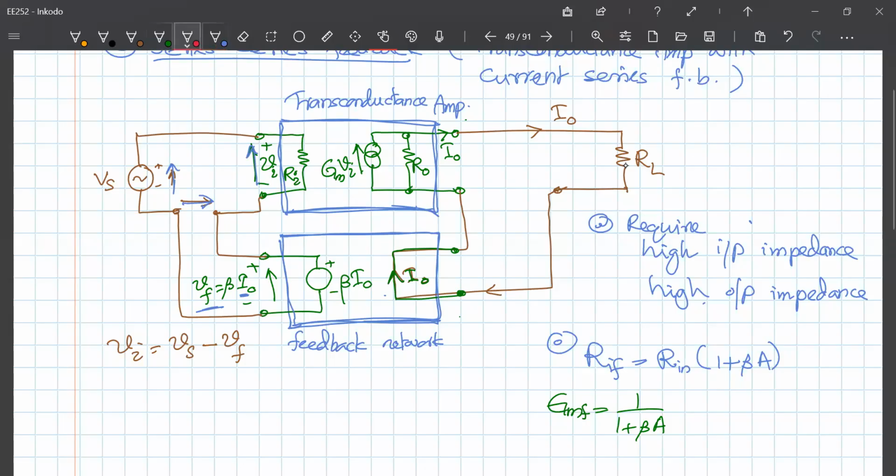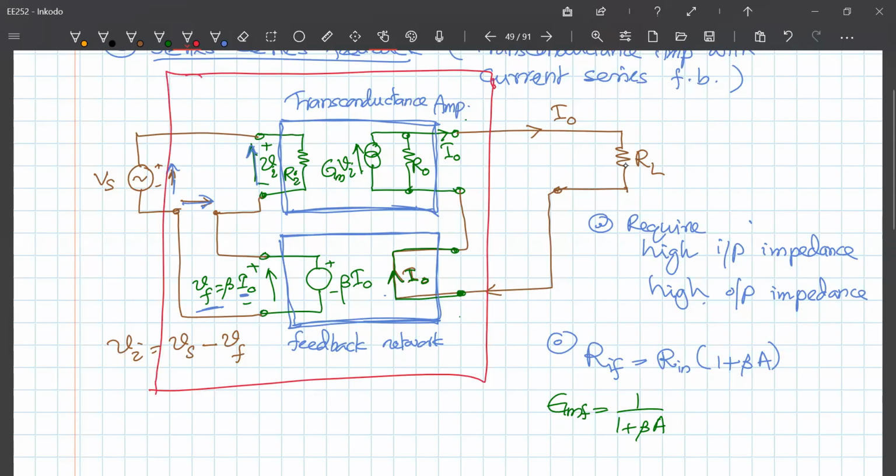So this whole thing becomes my transconductance amplifier with feedback. My new circuit becomes like this. This is my input, and this is my output, just like what you had earlier.